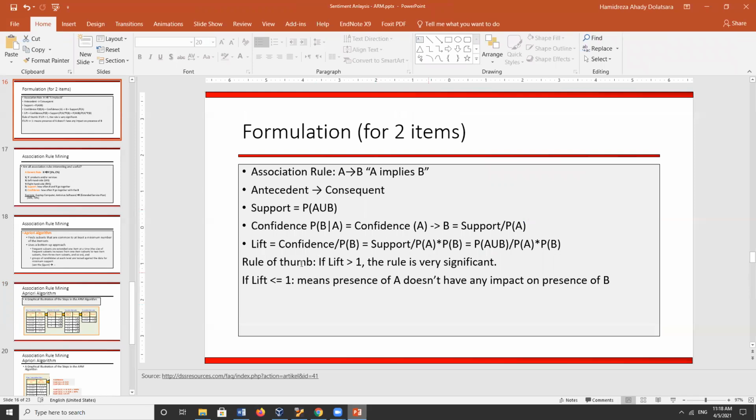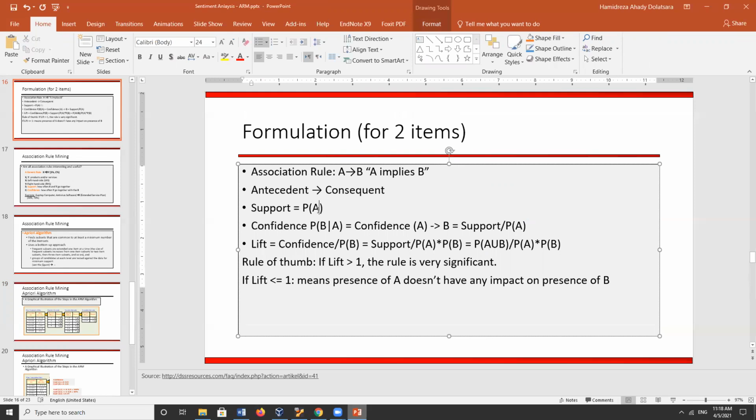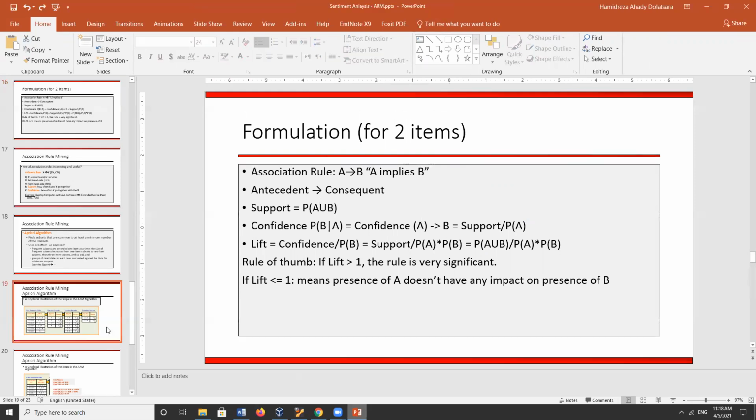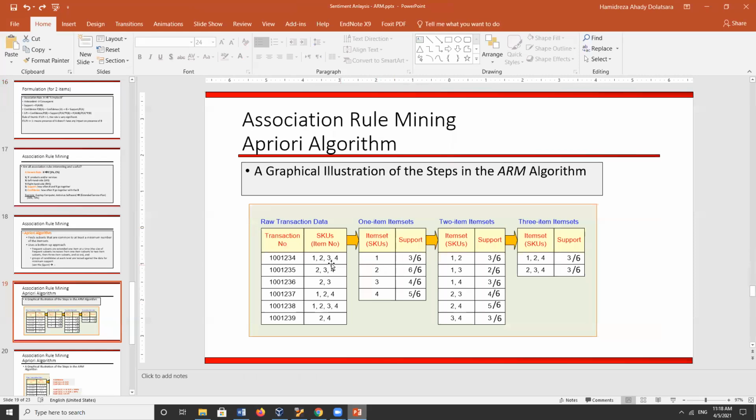When there's just 1 item, support means just probability of A. You don't have A union B, because we are talking about just 1 item. So support of 1 means 3 out of 6. Support of 2, we have 2 in all of our 6 transactions. So support of 2 is 6 divided by 6, and same for 3 and 4.